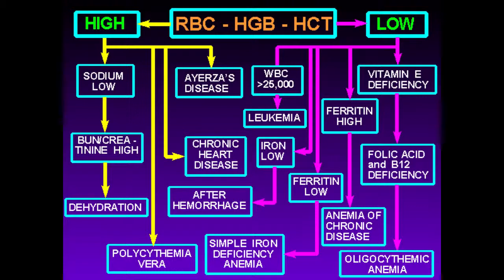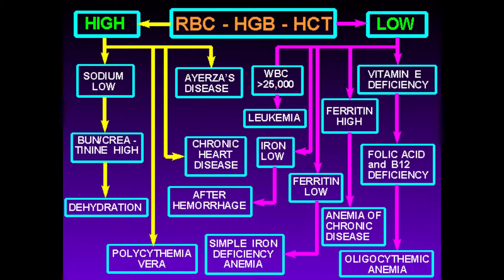Third, check for an oligocythemic or normochromic normocytic anemia, which characteristically shows the red cells as normal, with the exception that the numbers are less than normal. If the white count is increased, then leukemia must be ruled out by a bone marrow biopsy.